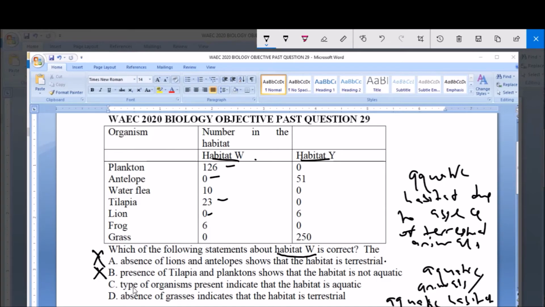Now, option C, type of organisms present indicates that the habitat is aquatic. Let's look at the type of organisms present. You have planktons, you have water flea, you have tilapia, and you have frog.